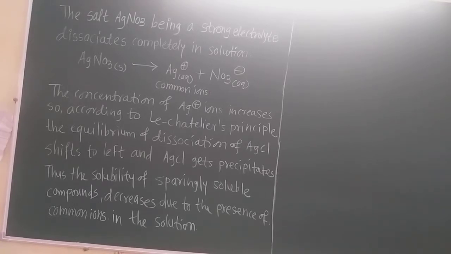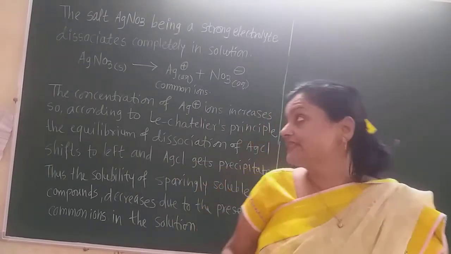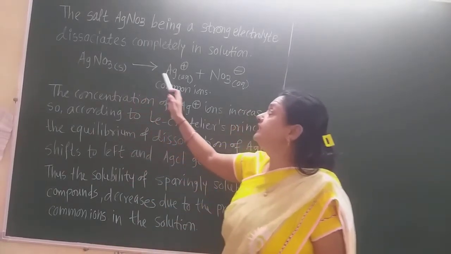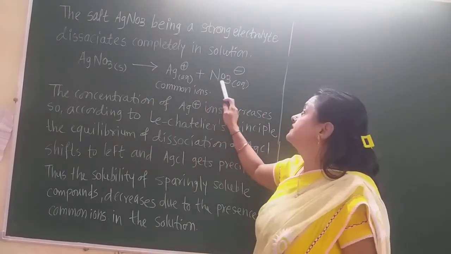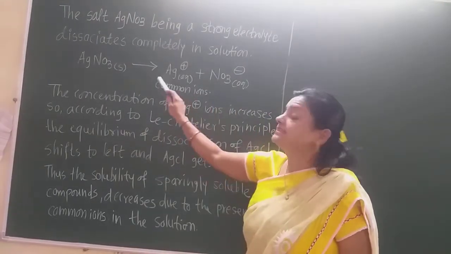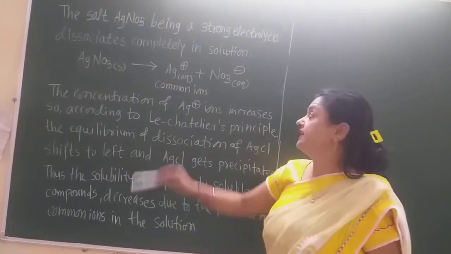Now see here the salt silver nitrate, being a strong electrolyte, dissociates completely into the solution as AgNO3 solid gives Ag plus aqueous plus NO3 minus aqueous. Now here the Ag plus ions are the common ions which are in excess.